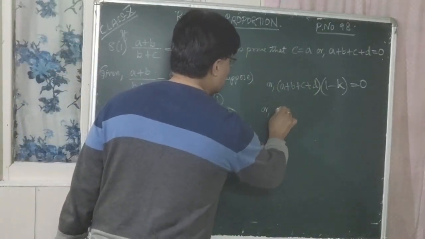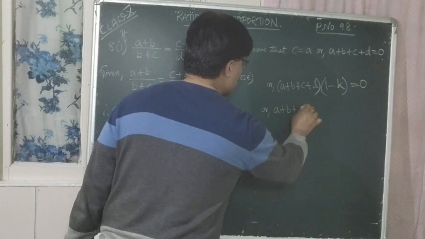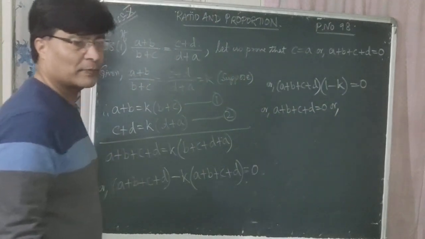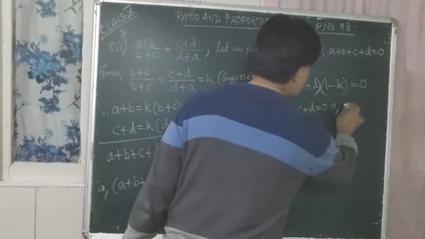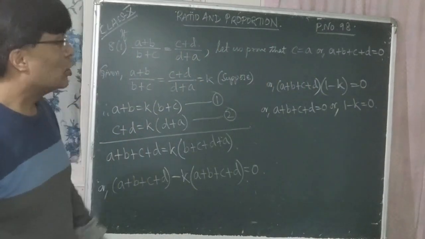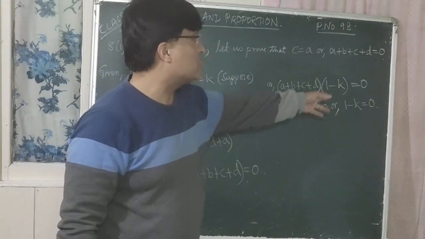So either a + b + c + d = 0, or 1 - k = 0. Is that clear? So we have proved that a + b + c + d = 0.